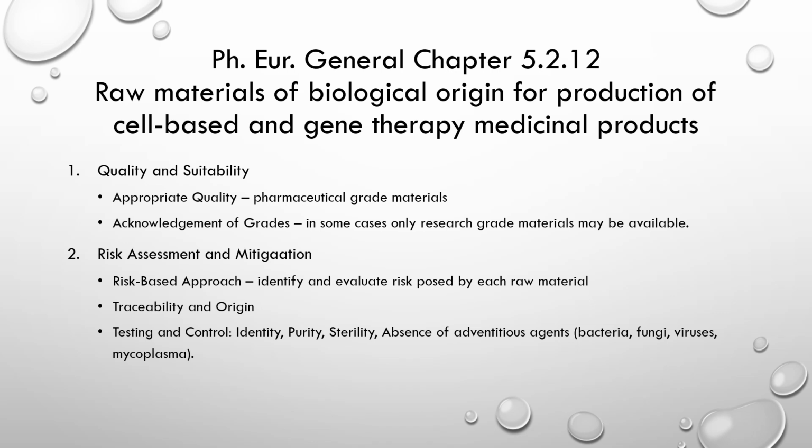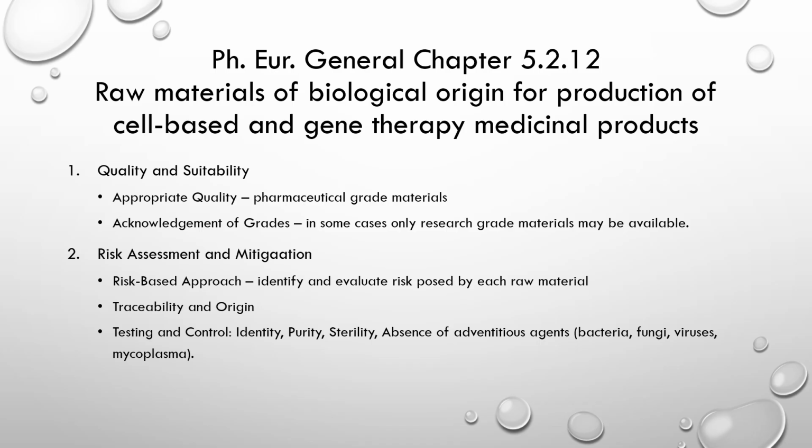So this chapter in the European Pharmacopoeia focuses on the safety and the efficacy and quality, I guess, of the final product by controlling the quality of the starting materials and the raw materials, especially and particularly those of biological origins. And this is how we do it, and these are the steps that are involved.